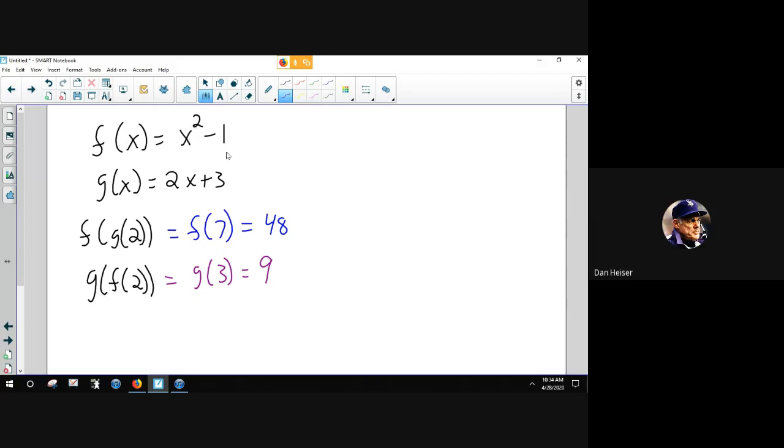Changing the order, we start by squaring, subtracting 1, double, plus 3. So we're doing the same operations, but in a different order. Changing the order of the operations changed the final result.